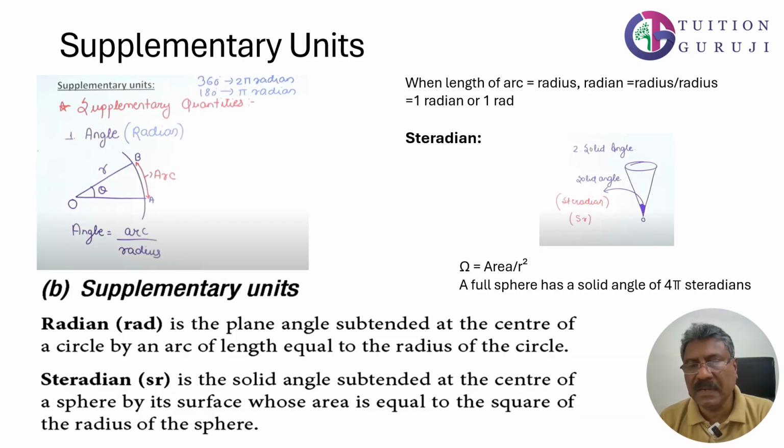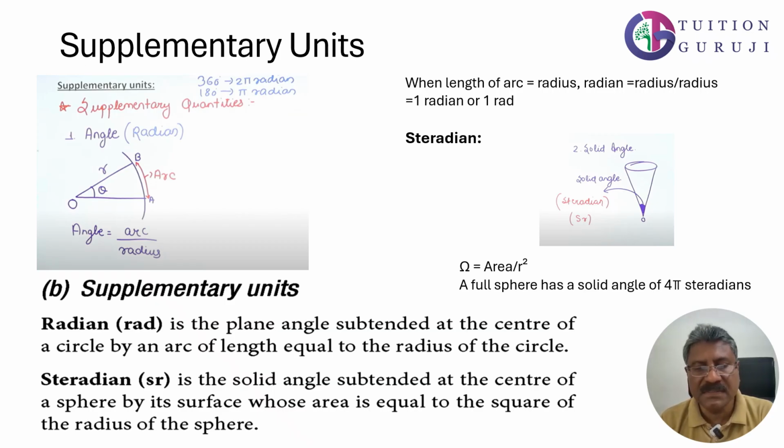So when the length of the arc is equal to the radius, radius by radius is equal to 1 radian, or 1 rad. So 1 steradian is equal to area by r square. So a full sphere has a solid angle of 4 pi steradians. In the figure you can see the angle theta is equal to arc length divided by r.